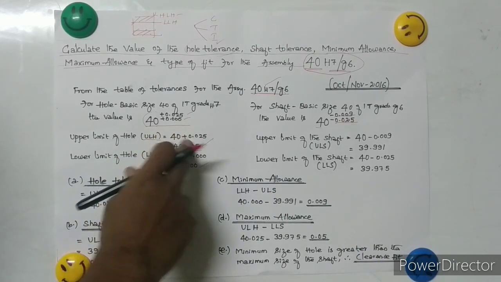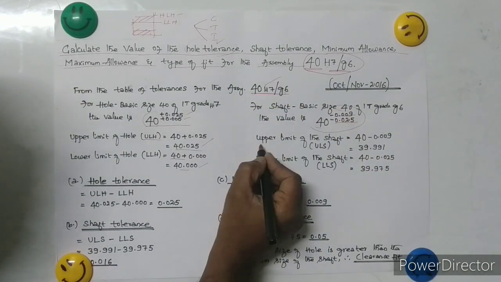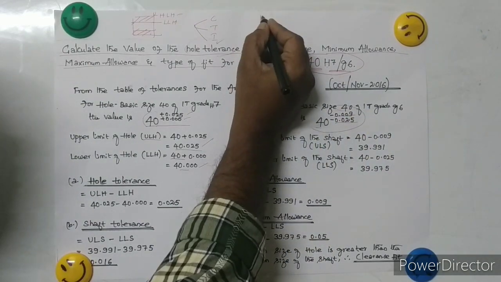Now let us see the shaft. We extract these readings from the table.